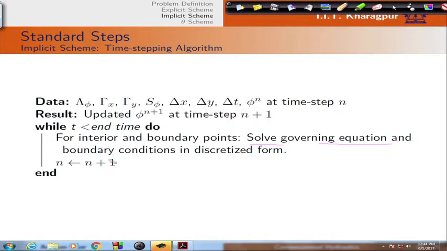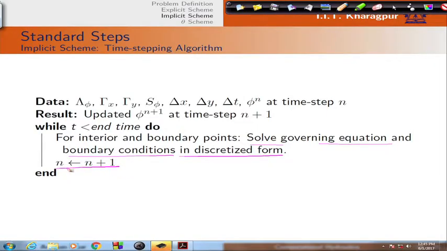So, solve governing equation and boundary conditions in discretized form. Simultaneously we need to solve the governing equation and boundary condition. Then we need to update the time level to get the future time level value or present time level value for the next time step.